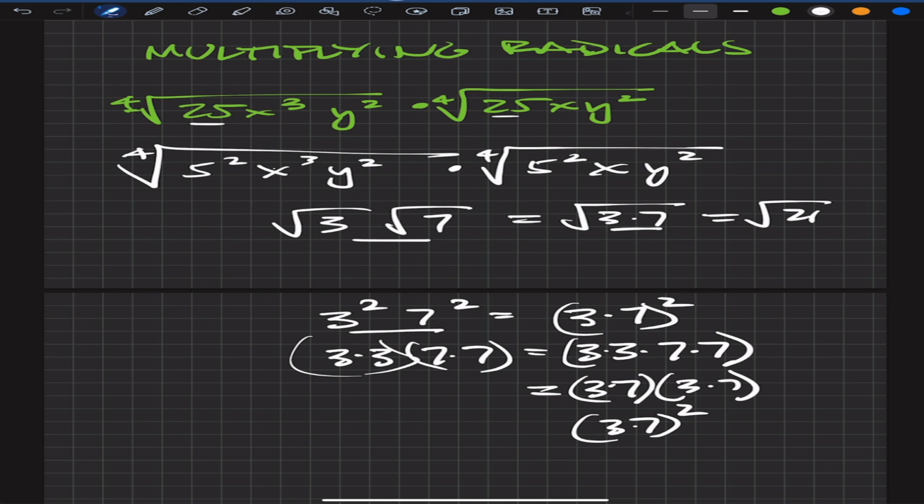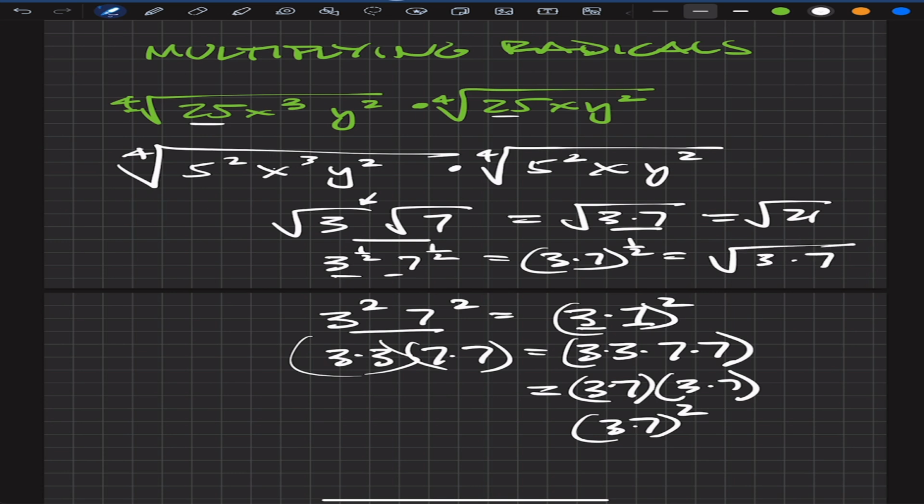And if I think of these radicals as exponents, which they are, I can write the 3 and the 7 underneath being multiplied by the same radical, which is just this. And so I can get that. That's why all this works.